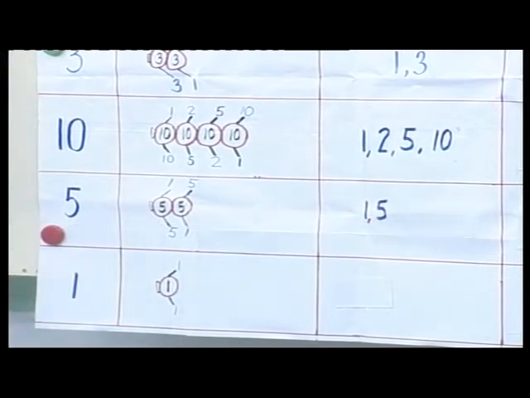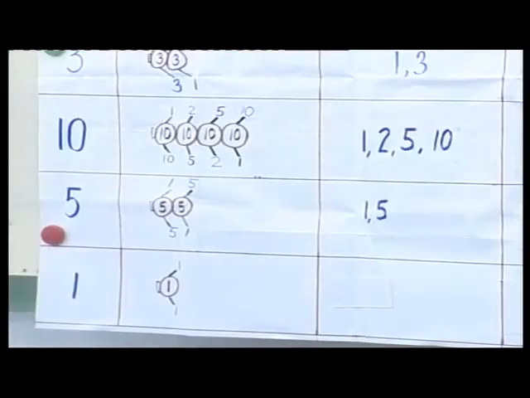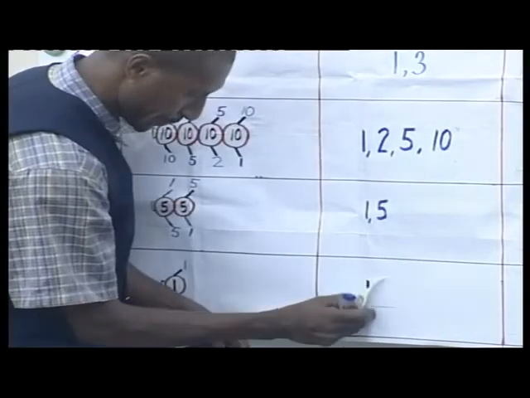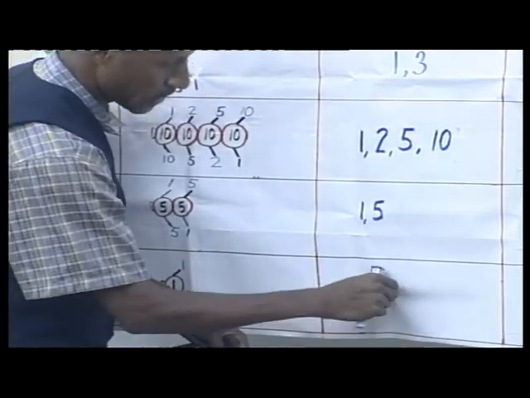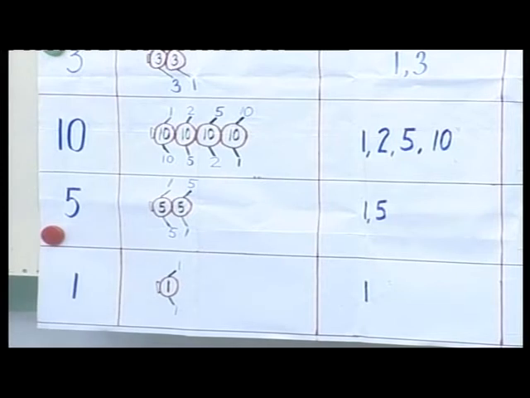Now, the last number, 1. What are the factors of 1? 1. Very good. Let's see if she is correct. Yes, our friend is correct.